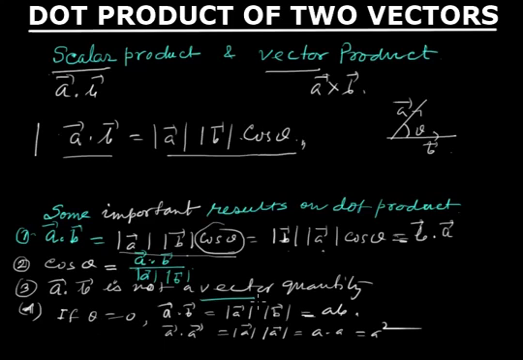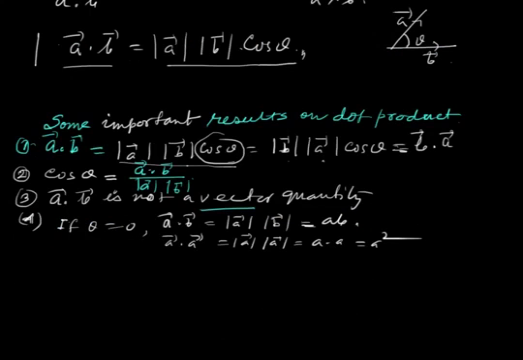Here, if theta is equal to 0, then what happens? A dot B is equal to magnitude of vector A into magnitude of vector B, because cos 0 degree is 1. So it is coming A into B, which is a scalar quantity.